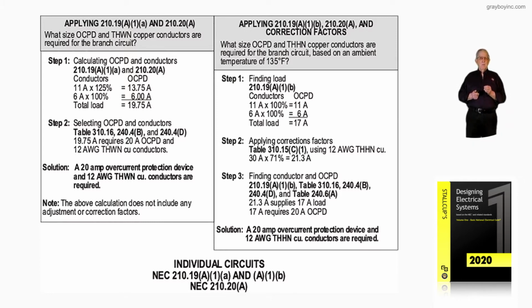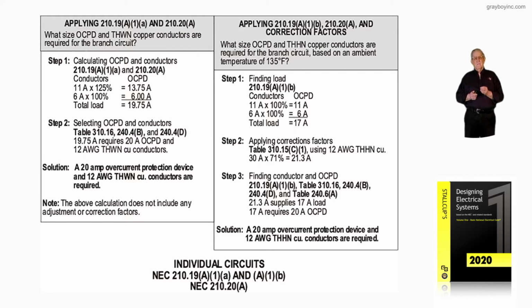So 19.75 amps requires a 20 amp overcurrent device with number 12 wire when you review those with the table and the sections I just previously mentioned. So in the solution, the answer is a 20 amp overcurrent protection device and number 12 AWG THWN conductors are required. And notice the above calculation and the note states there's not any adjustment or correction factors.